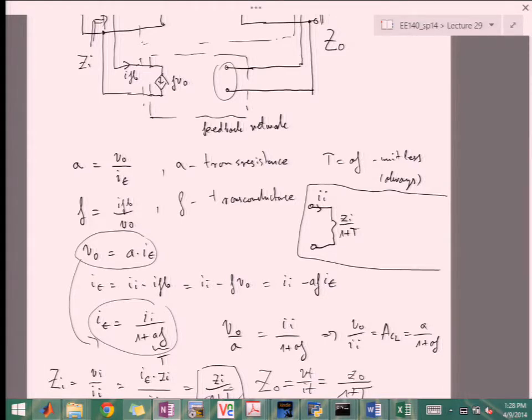If you have a closed-loop amplifier that accepts input current, you want its input impedance to be as low as possible so you can get all the input current from, let's say, a source that is a Norton source. And then the output, you have A over 1 plus T, which is your feedback. And then you have Z naught over 1 plus T, which is your output impedance. So this is kind of the closed loop equivalent.